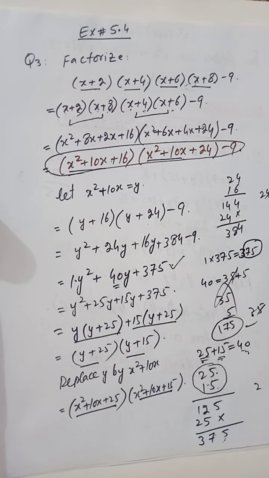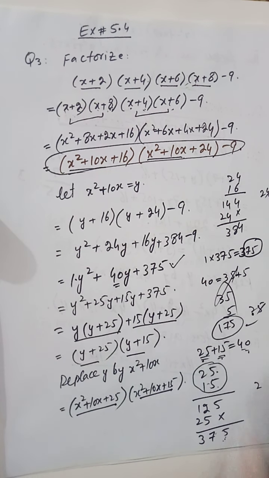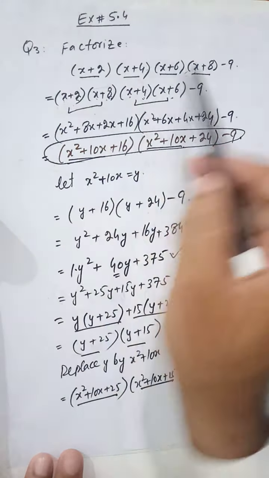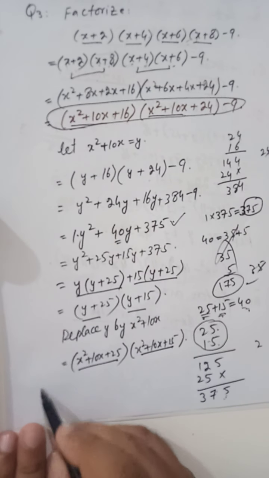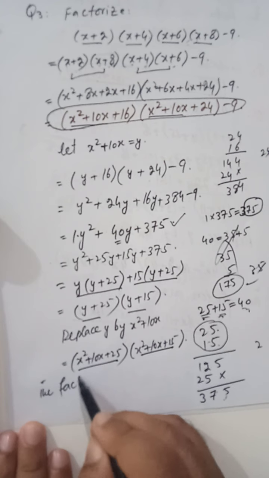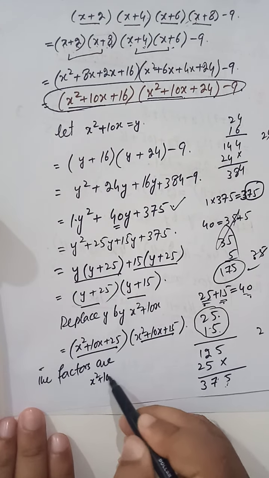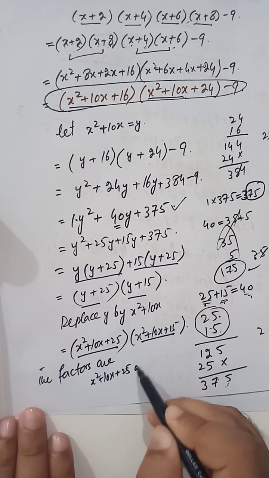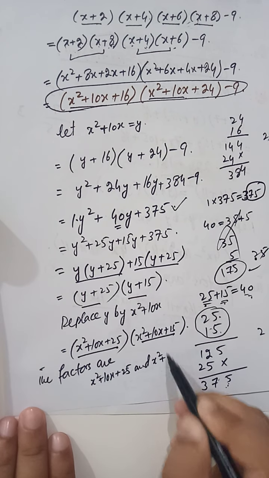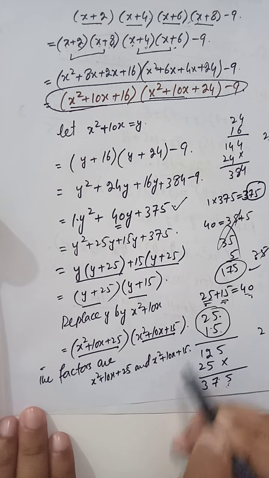I explained that one. If it is biquadratic, meaning degree 4, you will get either 2 quadratic factors or 4 linear factors. So you get 2 quadratic factors. So the factors of this algebraic expression are x square plus 10x plus 25 and x square plus 10x plus 15.